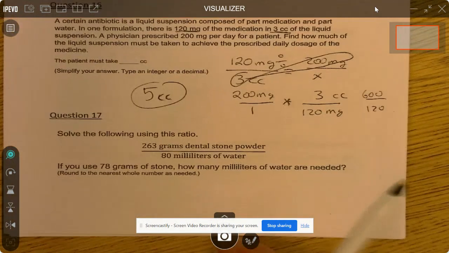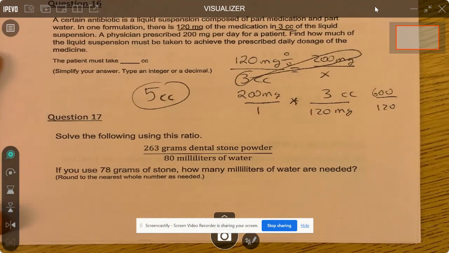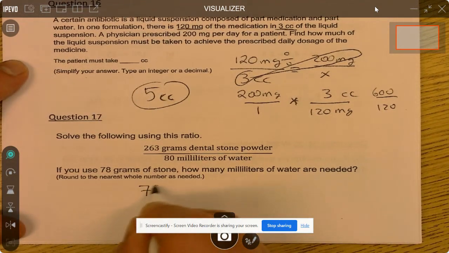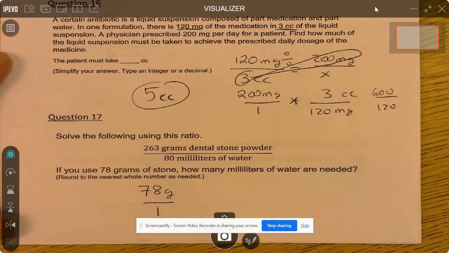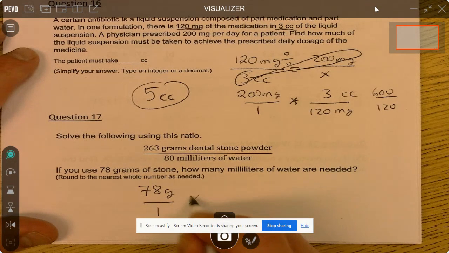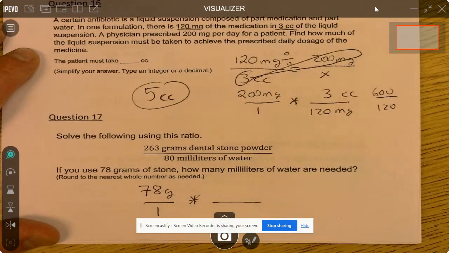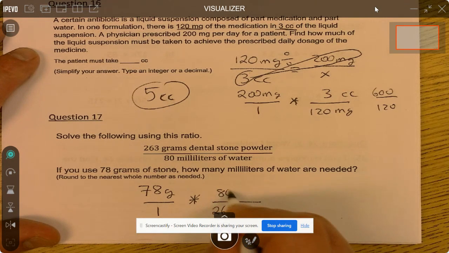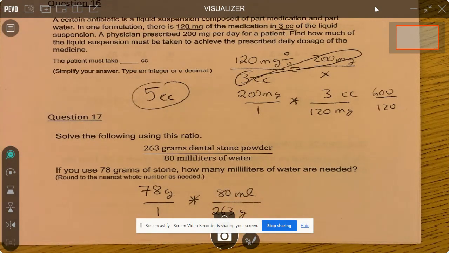The next question down at the bottom can be figured out in a similar way. If I want 78 grams of stone, I can write that as 78 grams over 1. I can put a multiplication sign. If I have grams on the top, I need to put grams on the bottom of the next fraction. This is a new concept. And I need to put milliliters on the top.